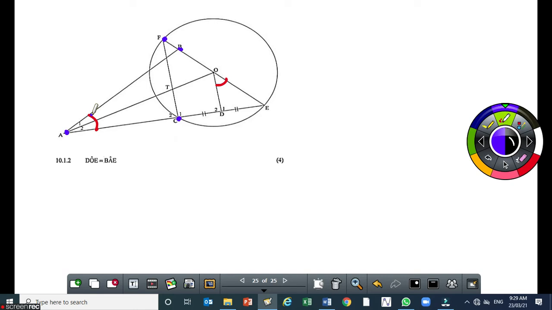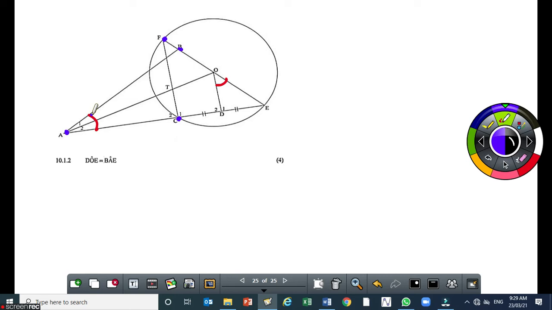I hope you are aware that at this stage, if you want to prove that those two angles are equal, you might need to do a bit of thinking, maybe try similar triangles. If you want to try similar triangles, then you have to identify a triangle that is going to look similar to triangle DOE, which means you may need to prove that DOE is similar to BAE.